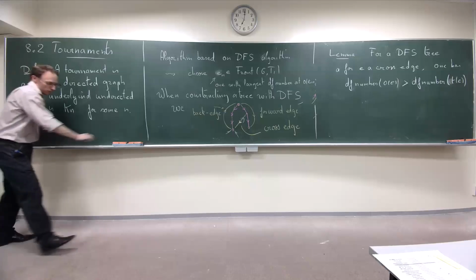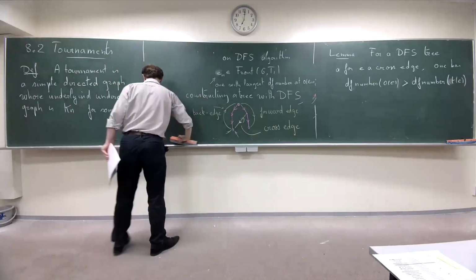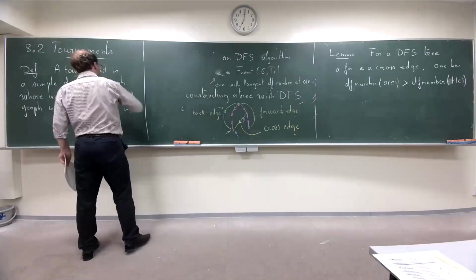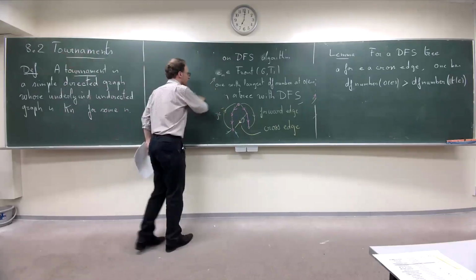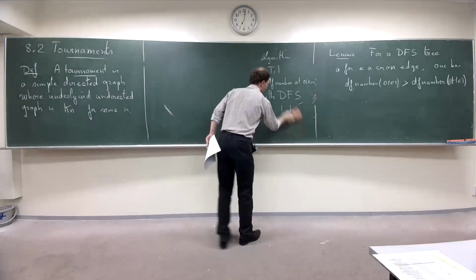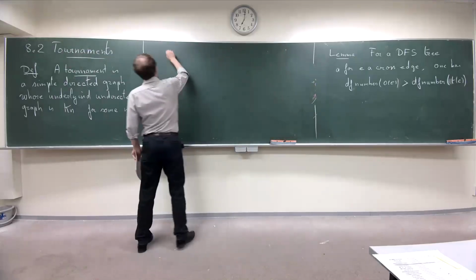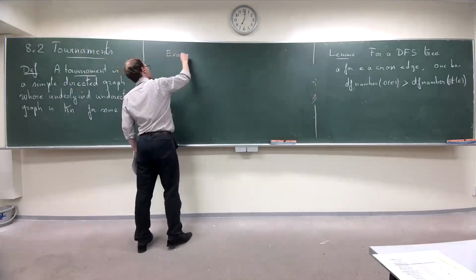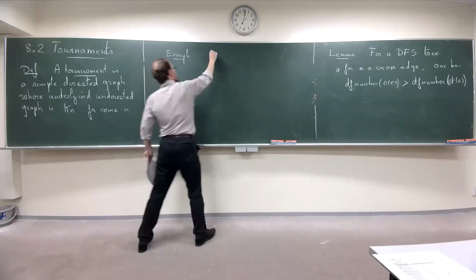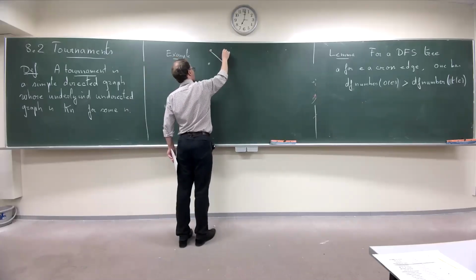So what is it? You can see it in a different way. You construct a tournament by starting with a Kn, and you put orientations everywhere. So you start, for example, with a K4. The K4 is like this.